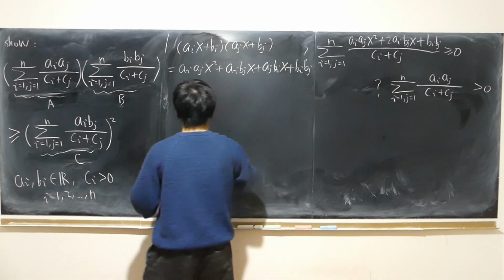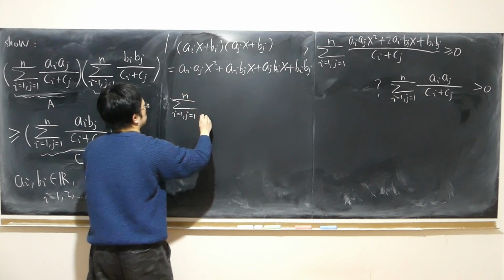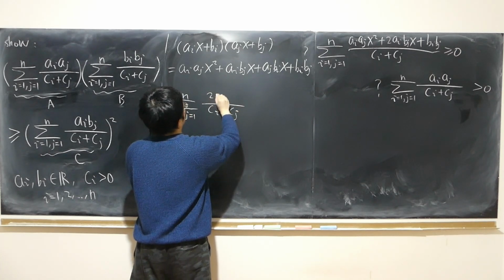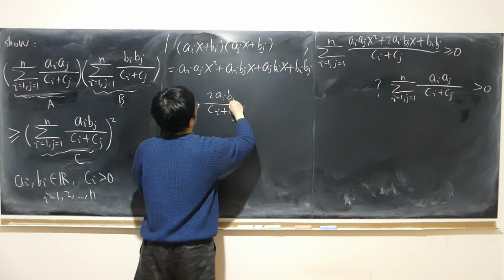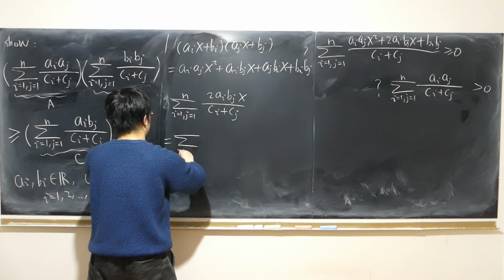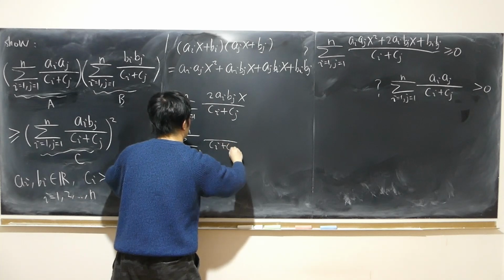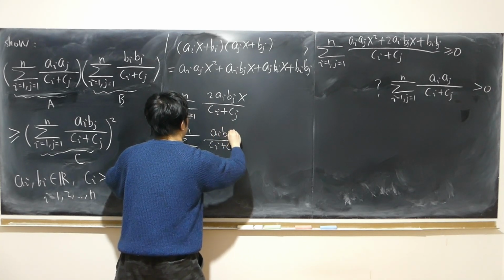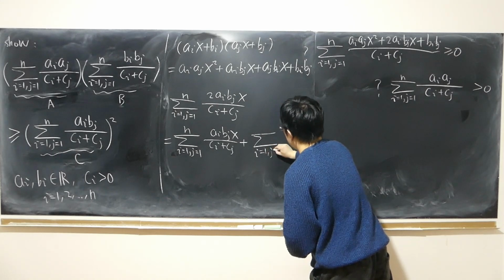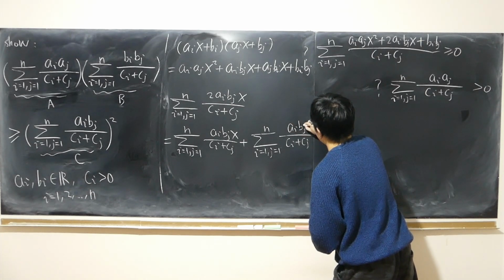The reason is because, first of all, this double sum of 1 over ci plus cj times 2 times ai bj, this is the same as, we split it into 2, the double sum over ij of 1 over ci plus cj, ai bj x plus exactly the same sum, the double sum over ij of 1 over ci plus cj, ai bj x.